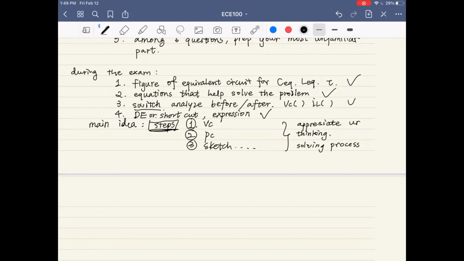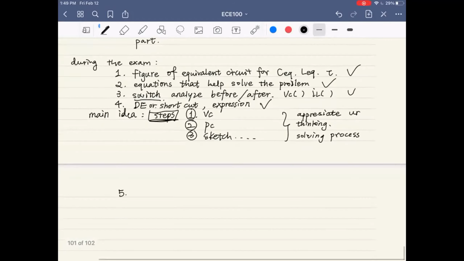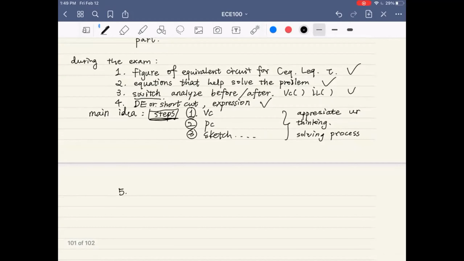And the other thing, also the last thing, is that the time is short for everyone, and every year maybe.